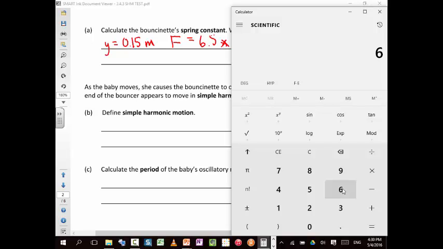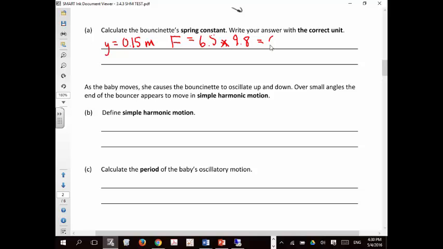So 6.5 times 9.8 equals 63.7. So that's 63.7 newtons.